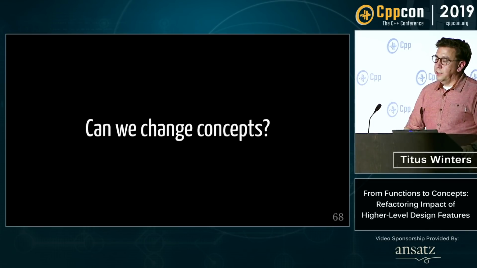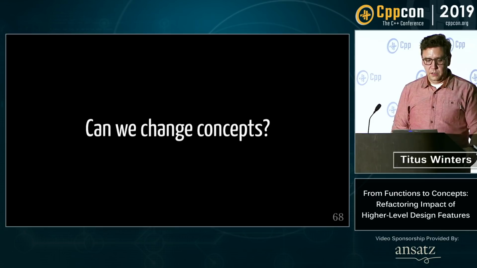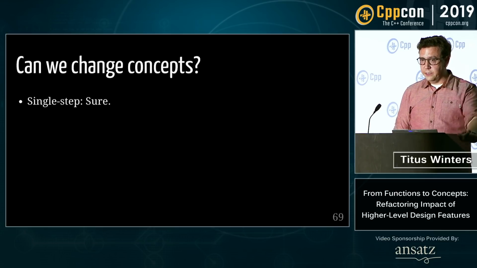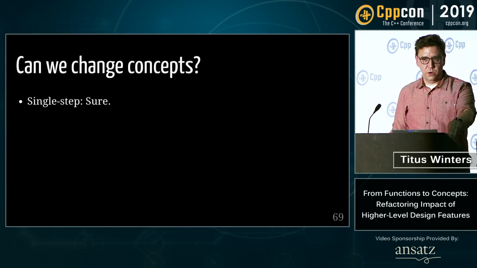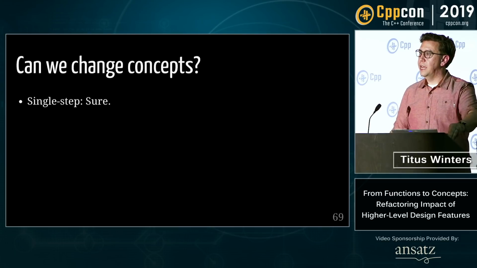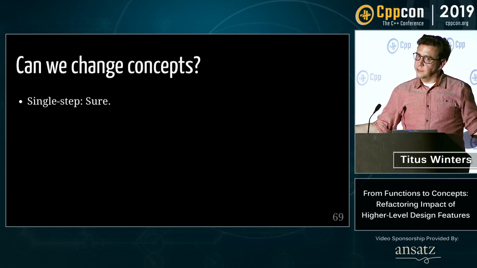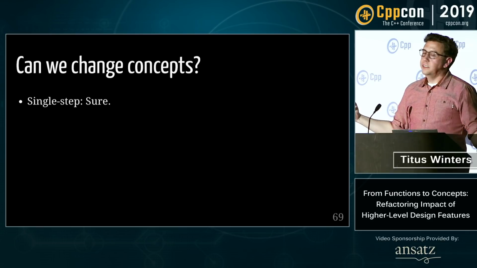And now we get into kind of my point here. Can we change concepts? And I will admit, in a single step, concepts are like everything else, right? If you have absolute visibility into the source of the thing that you're talking about and every usage of it, you can change whatever you want, right? Deleting your code base is always an option and can be done in one step, right?